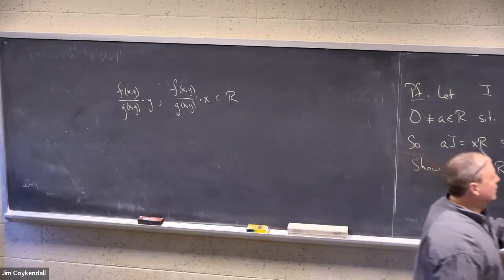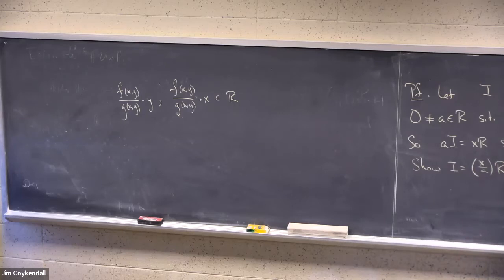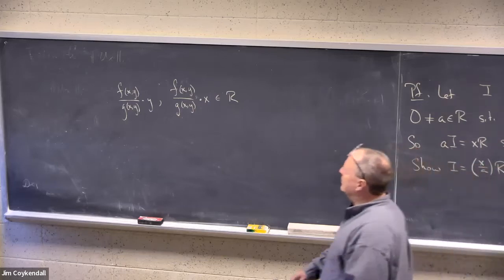Because both X and Y are in M, and F over G is supposed to be in M inverse, so when it hits X and it hits Y, it's going to blast back into R, right? So let's see what this gives us.